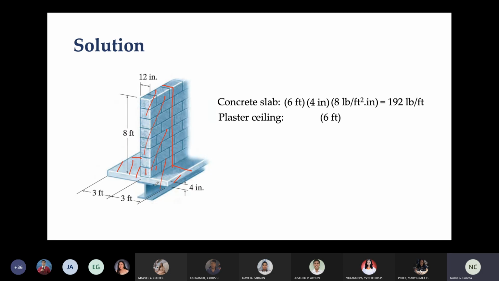And the given is 6 feet, again 6 feet, multiplied by 5. That's the unit weight, 5 pounds per square foot. And the resulting value is 30 pounds per foot. So the weight of the plaster beneath your slab is 30 pounds per 1 foot length.